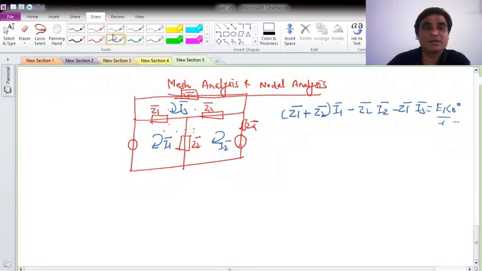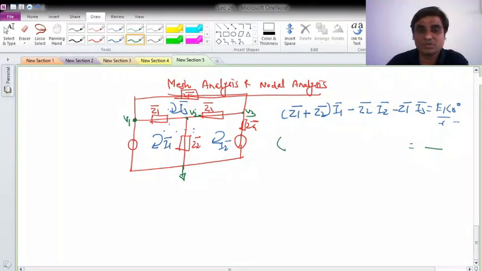Similarly, what can I write for the node voltages? Then we can consider nodal analysis. One node will be the reference node. Select the nodes V1, V2, V3, and suppose I would like to write the equation for node 1. Same, all the sources on the right side, and the left side will be the admittances into the node voltages.